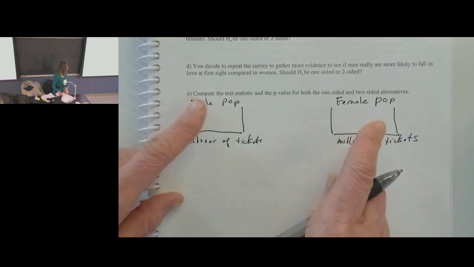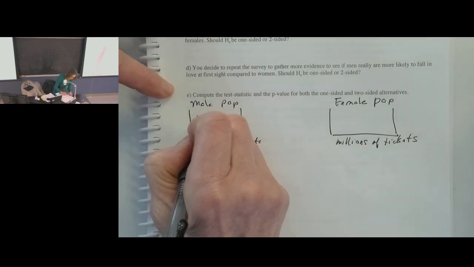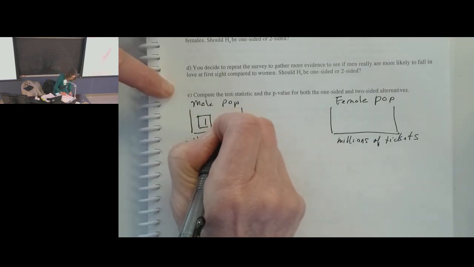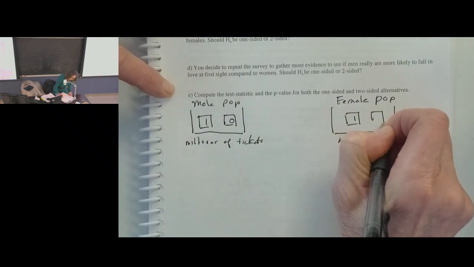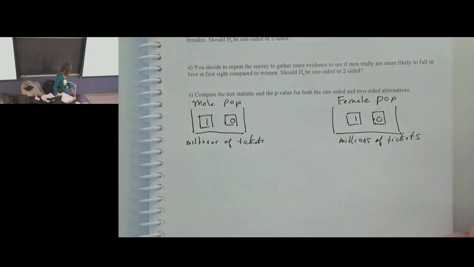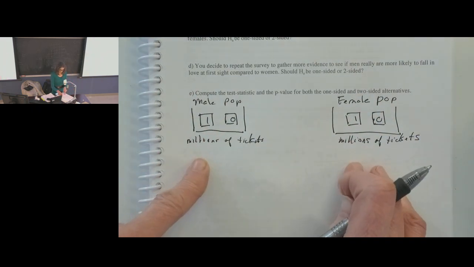Now, what's written on the tickets? All we're interested in is whether they answered yes or no to this question. So those who answered yes, we'll call ones. Those who answered no, zeros. So it will look like that. Now, the null is, in our sample, we drew out 500 from each, and we got a difference.